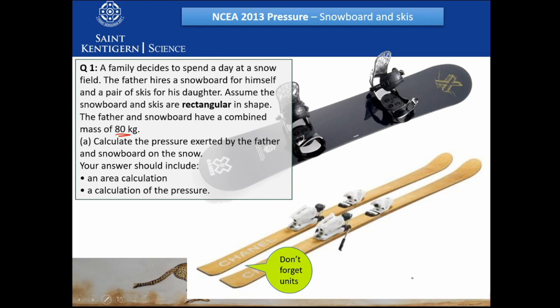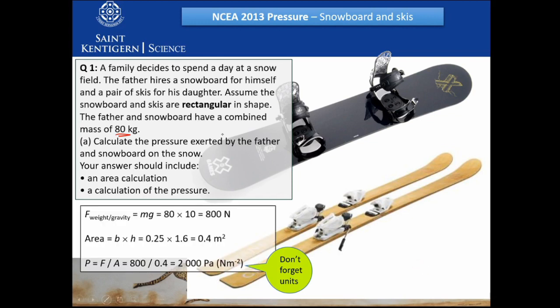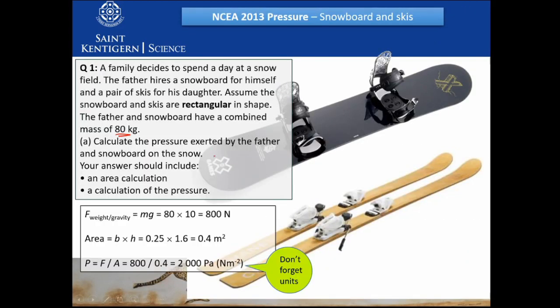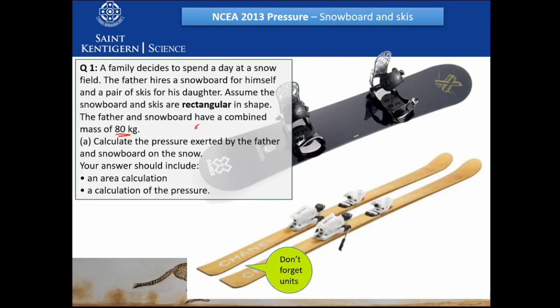So earlier we saw that the snowboard's surface area is, what was it, 0.4? I think it was 0.4. Yeah, 0.4 meters squared. So his weight force is mass times gravity, which is 80 times 10, which gives us 800 Newton.